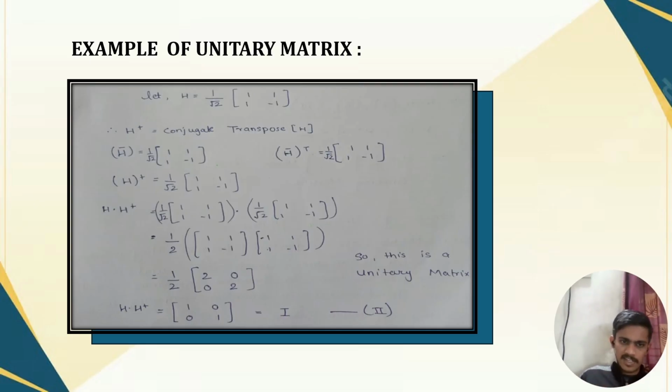So here H dagger becomes 1 by root 2 1 1 1 minus 1, so H and H dagger are the same, but we have to calculate H dot H dagger.